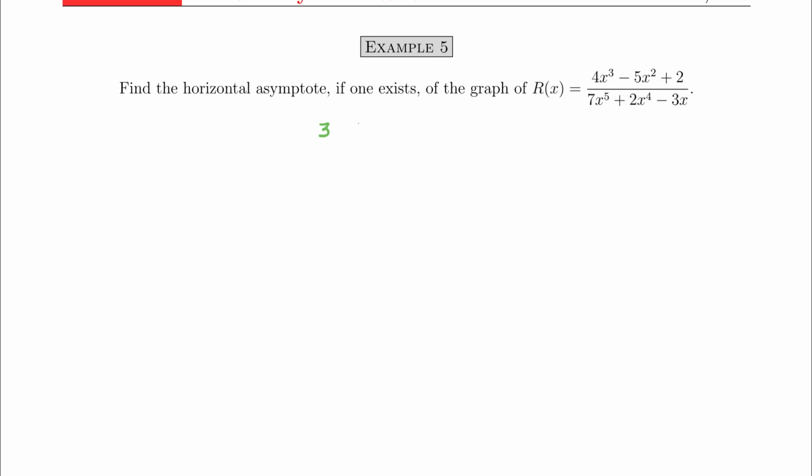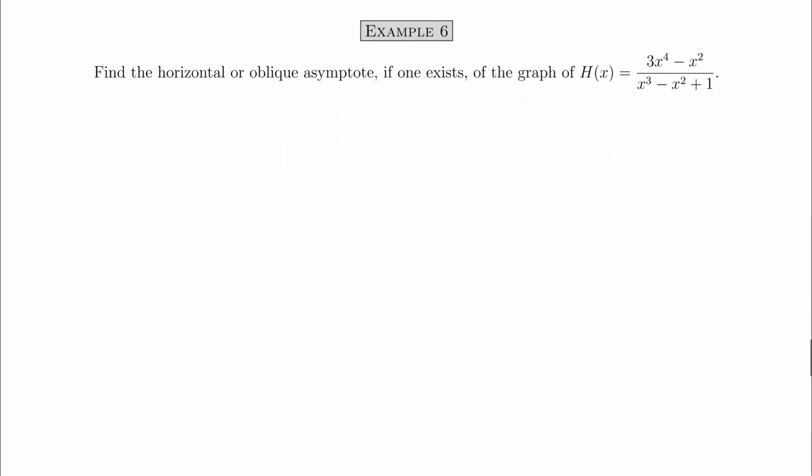The denominator degree is 5. Well, 3 is certainly less than 5. So if you go back to that red box on the previous page, you'll note that if the degree of the numerator is less than the degree of the denominator, you have a horizontal asymptote at y equals 0. And that's all you have to do.